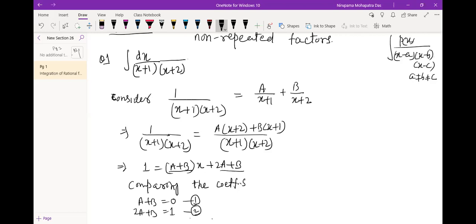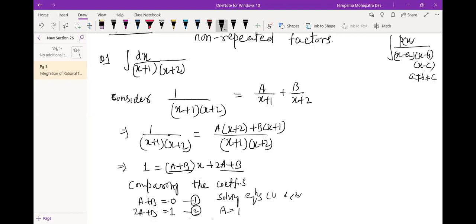Solving equations 1 and 2, when you subtract 1 from 2, you can get a equal to 1.